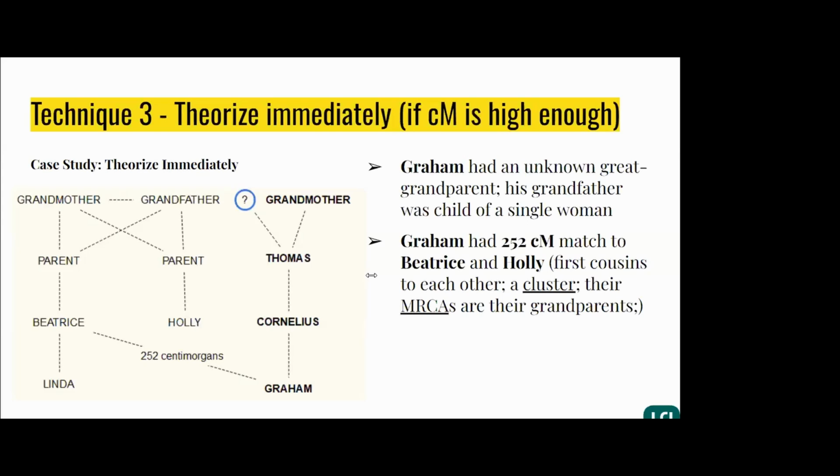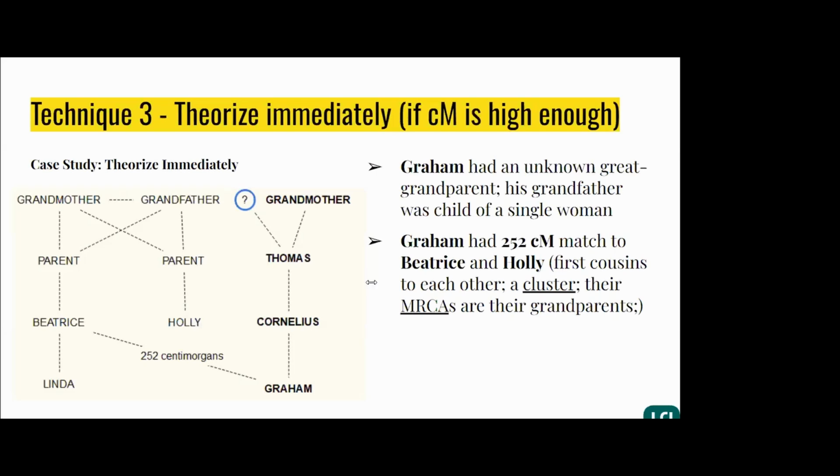Beatrice and Holly created basically a small cluster that he could identify, a cluster of 2 first cousins, and he identified their MRCAs, or most recent common ancestors, which were their grandparents. So all we needed to solve this case was the 252 centimorgans of DNA that Graham shared with Beatrice.